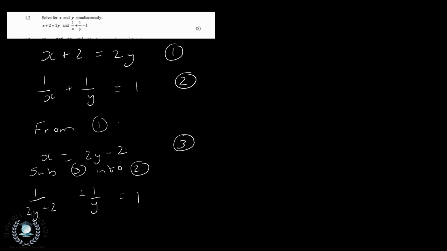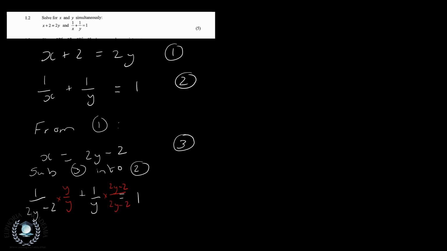Now we have a fraction here, and whenever you want to do operations with fractions, either addition or subtraction, we need a common denominator. So we're going to do that for this one. We just need to multiply by y over y, and this one we just need to multiply by 2y minus 2 over 2y minus 2.